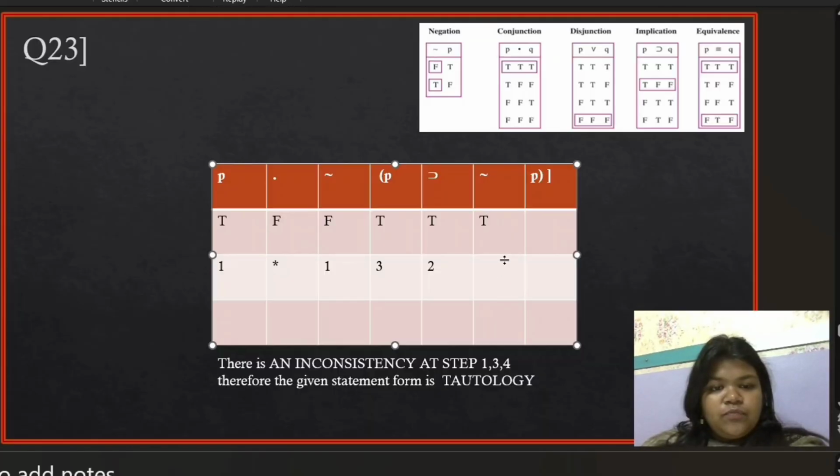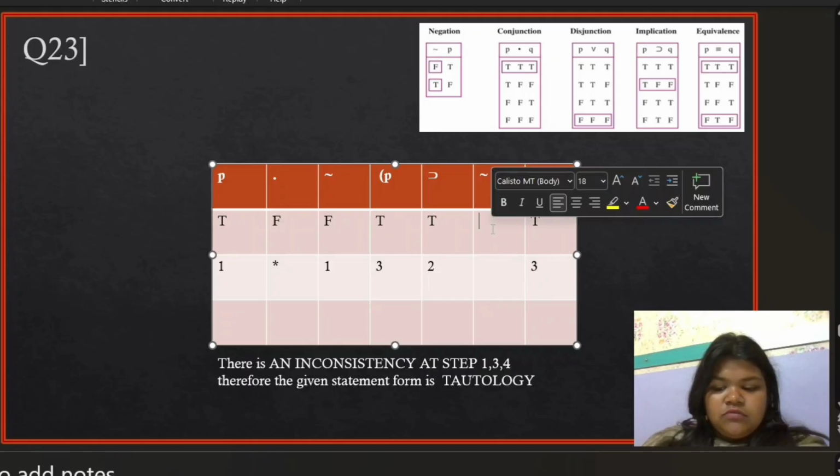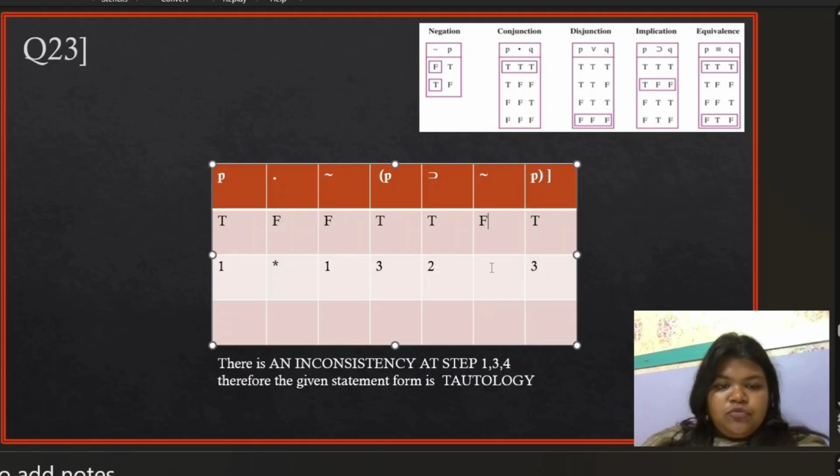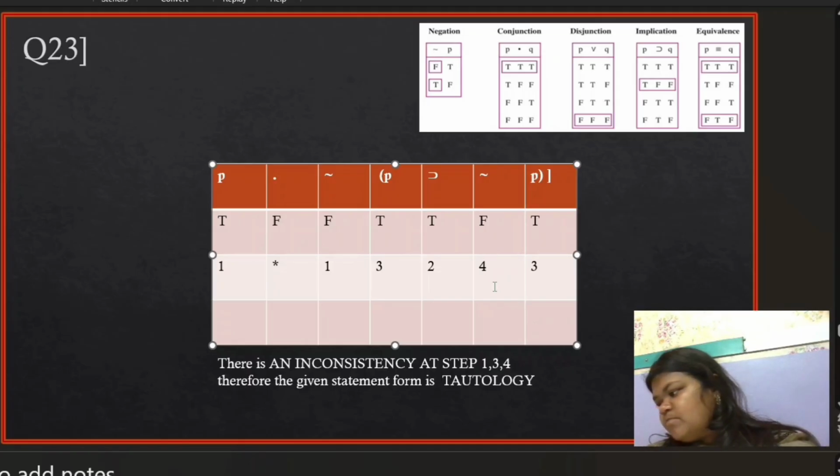So put it over here. Third, and this will become false. This is your fourth possibility. So now if you check, TFF.